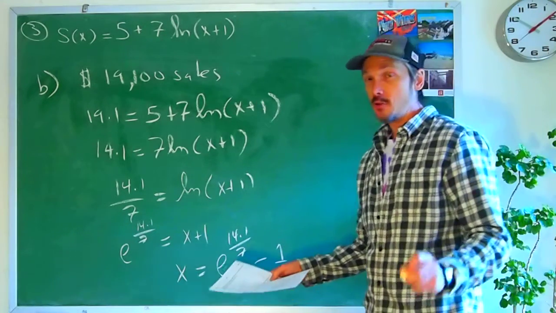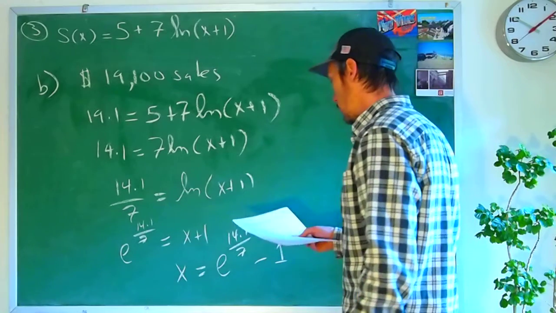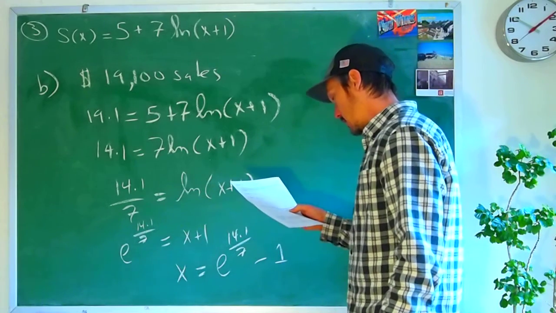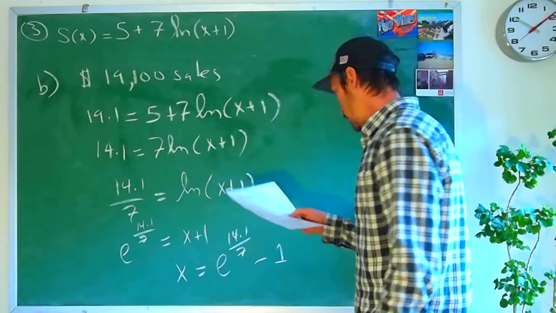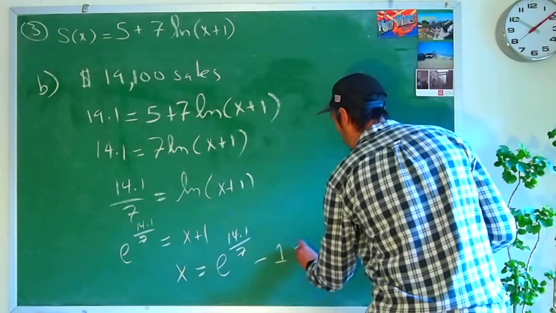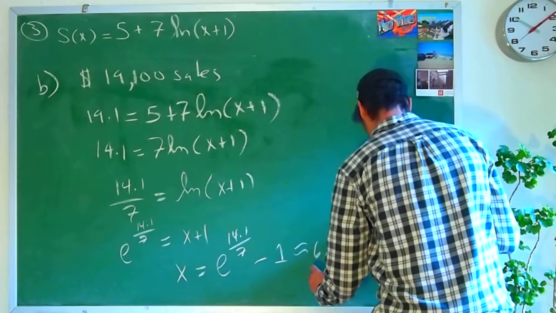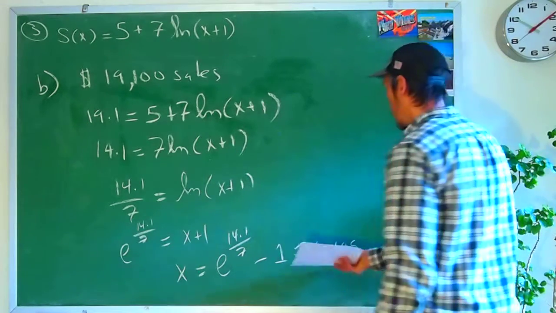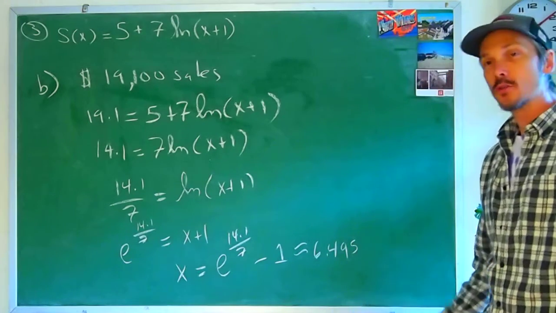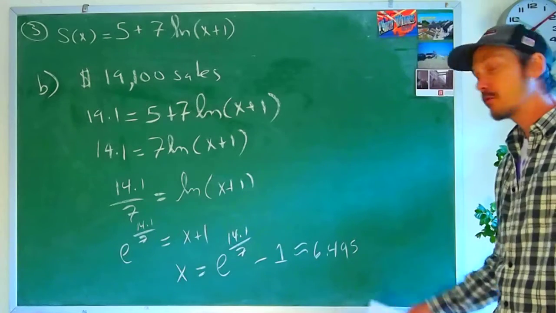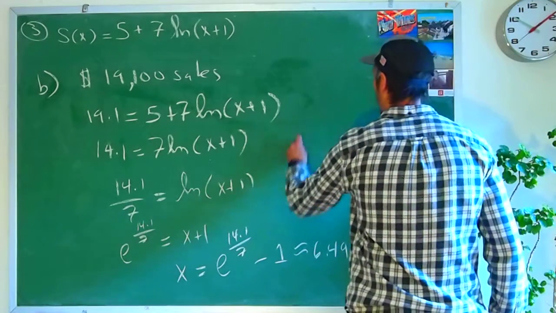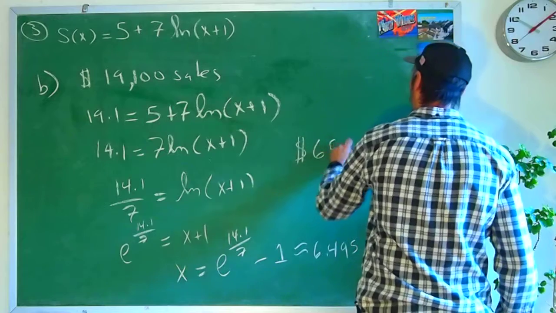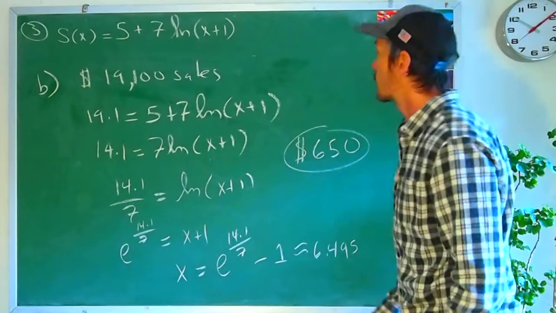And you do need to get a decimal approximation for this, which I've already done, and I got 6.495. And remember, that's in hundreds, so to the nearest dollar, that's $650. Okay, and so that's part B.